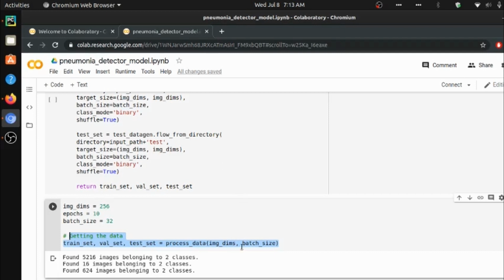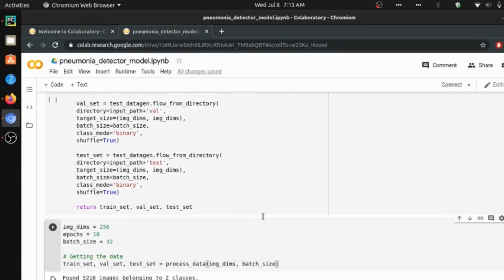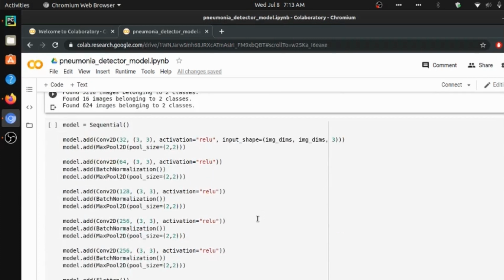Okay, so here we have got all of our data sets, that is train_set, val_set, test_set. Now after completing the pre-processing of our data, the next work is the model architecture.